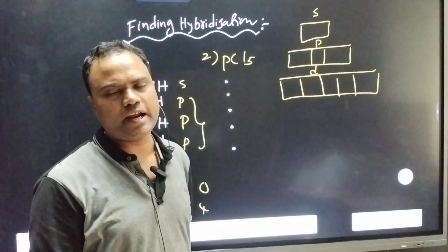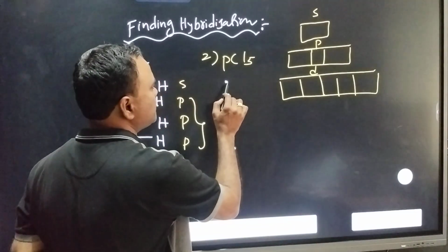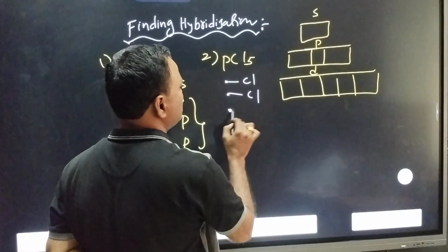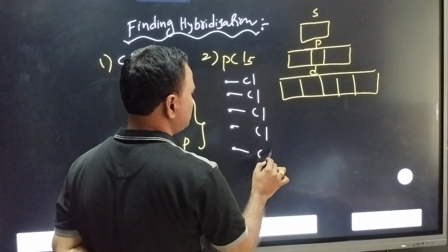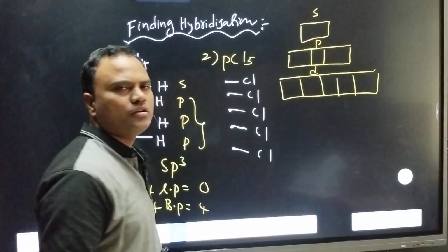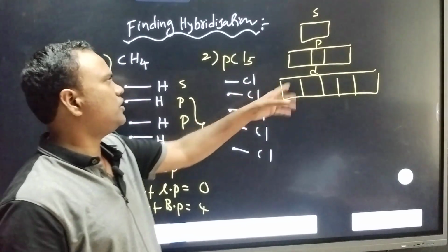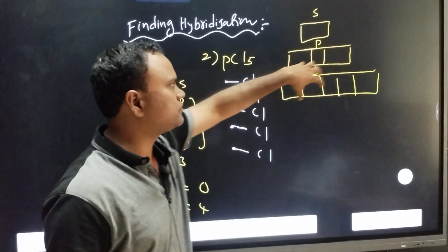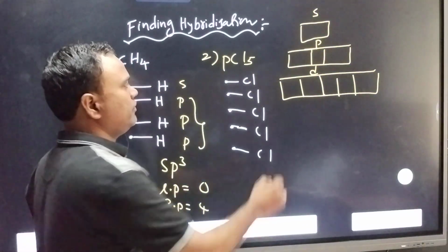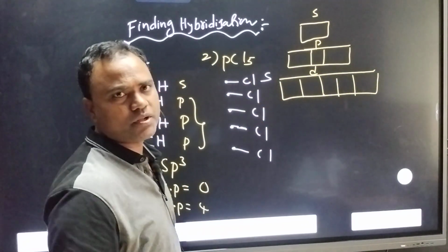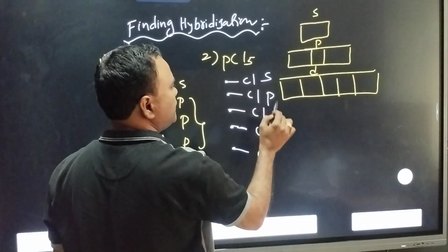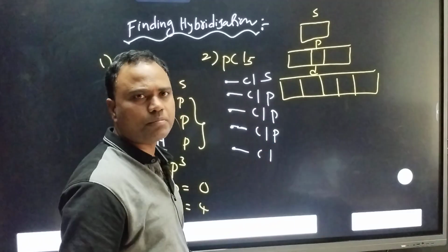How many surrounding atoms are there? Five surrounding atoms: chlorine, chlorine, chlorine. For each surrounding atom, allot orbitals. First we give the s orbital. After s, p, p, p: three p orbitals are completed.